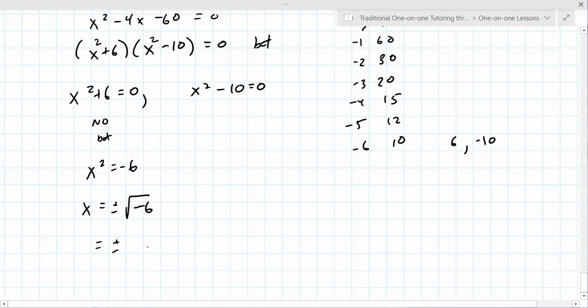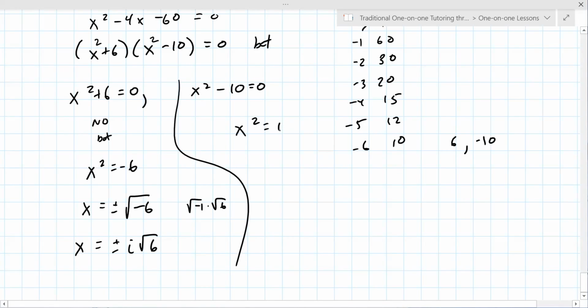So that's plus or minus the square root of -1 times the square root of 6, i square root of 6. And that's totally reasonable in this class that you're in. Okay. Now on the right here, this is x squared equals 10, x equals plus or minus square root of 10. So those are your 4 answers.